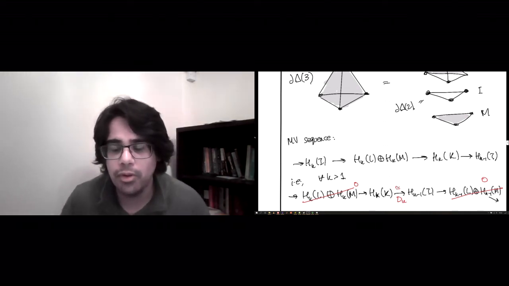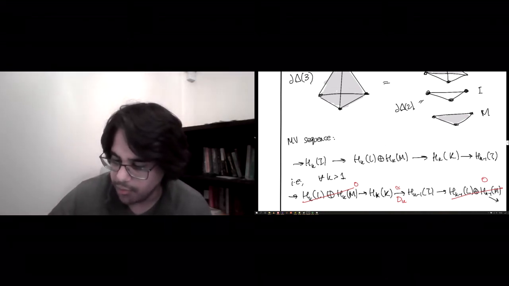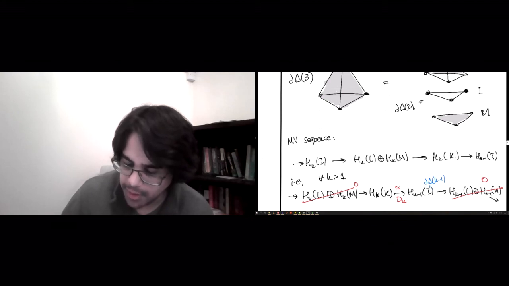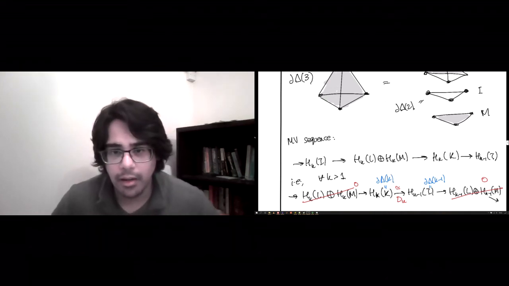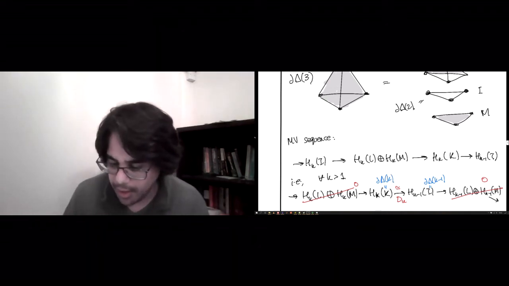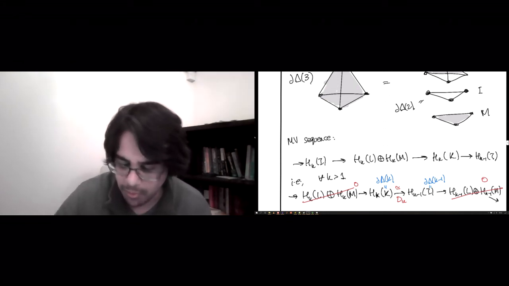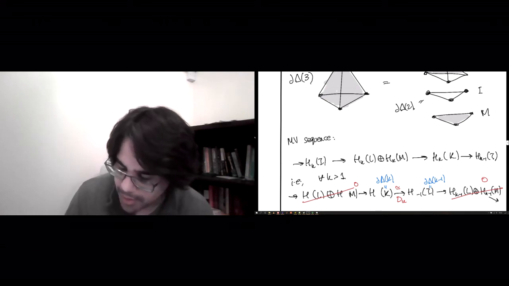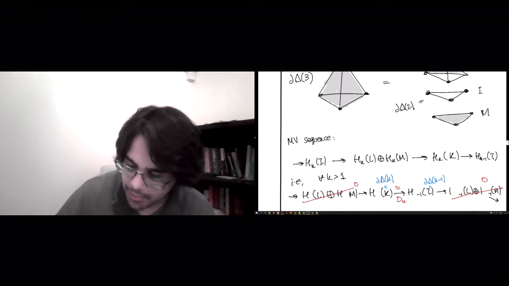And so if you know the (k-1)th homology of the hollow (k-1) simplex, then you learn the kth homology of this hollow simplex. And this is not just in index k, right? So in order to avoid confusing indices too much, let's just write this as the ith homology.